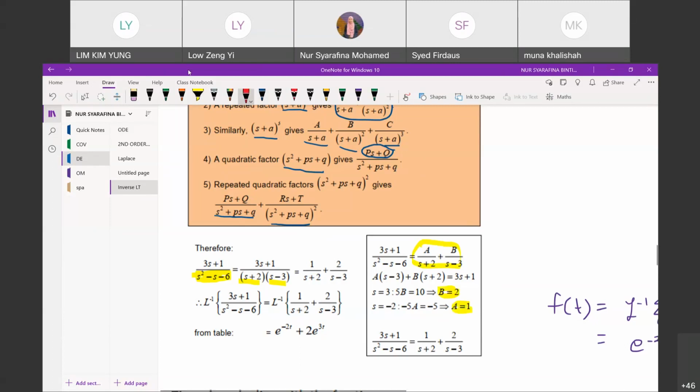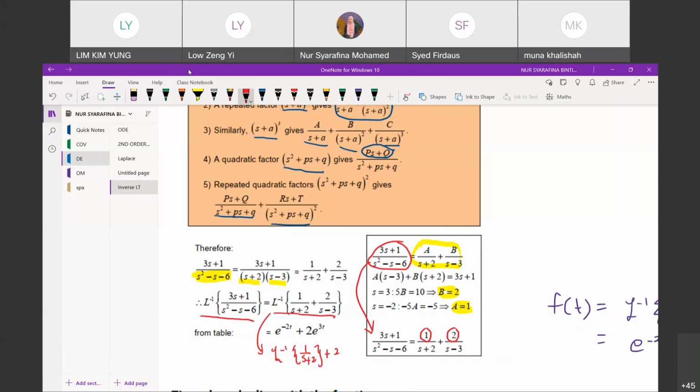So now this function can be simplified to this once you obtain A and B. So this is your A, this is your B. Instead of inverse transforming this, now we can inverse transform the partial fraction that we obtain one by one. Basically, from the linearity properties, we can inverse transform one by one here.